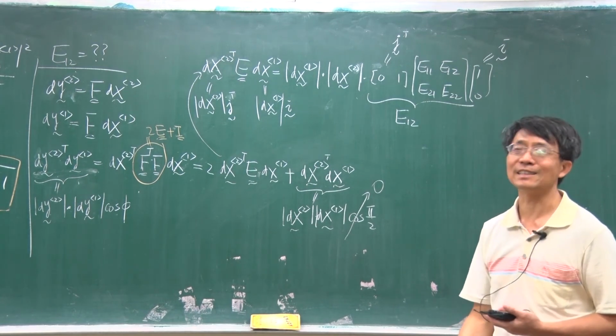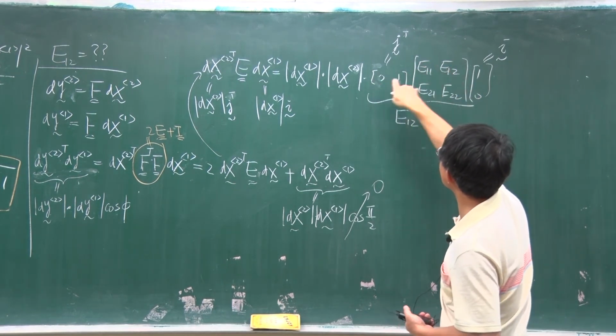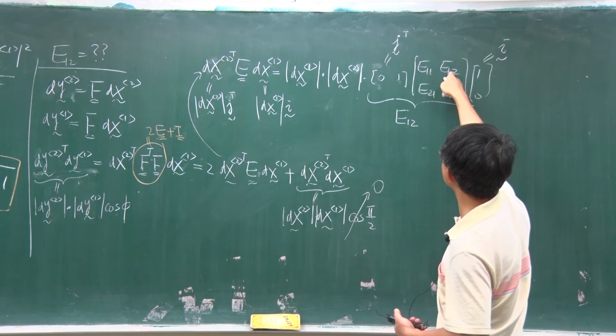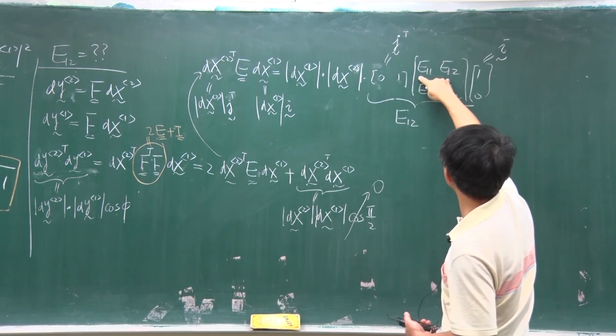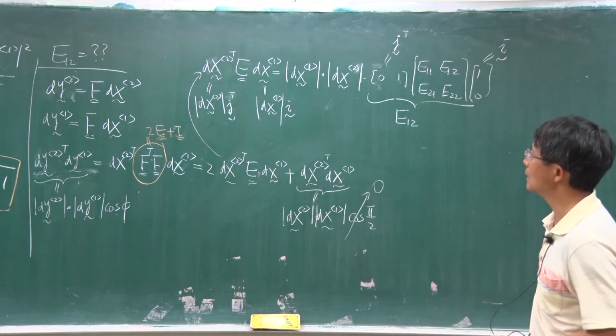It is an easy one. You multiply this, and then multiply this, and then multiply the result to this one, and then you get E12.